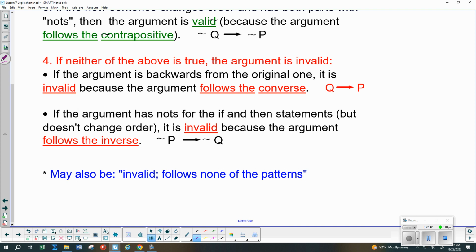Maybe it's a P, then not Q, or something strange like that. So your possibilities are going to be valid follows original, valid follows contrapositive, invalid inverse, invalid converse. E would be invalid, none of the above. That will be a possibility. Anybody with questions?